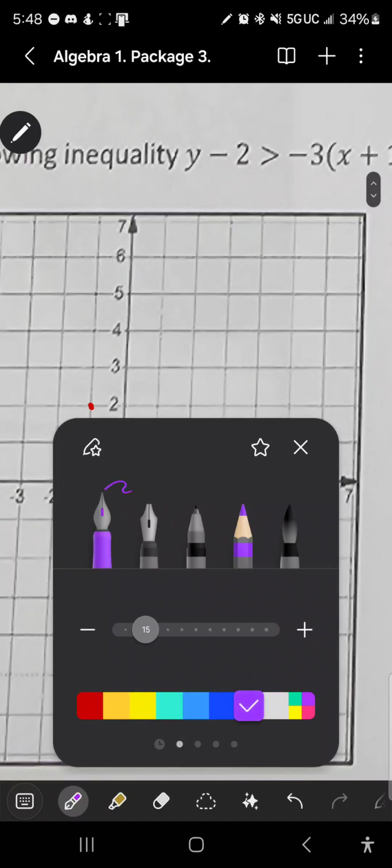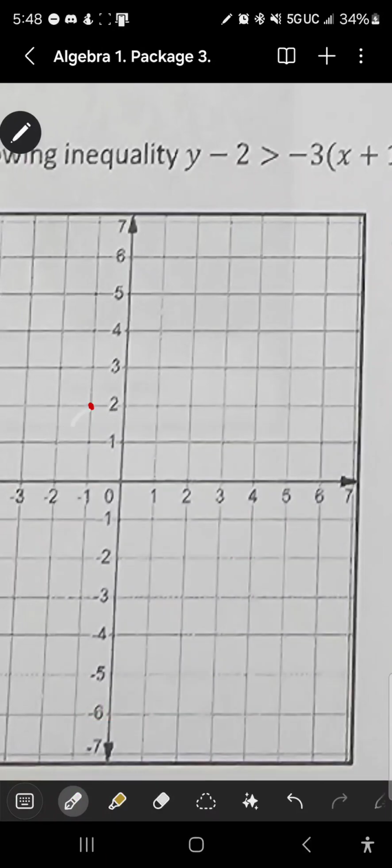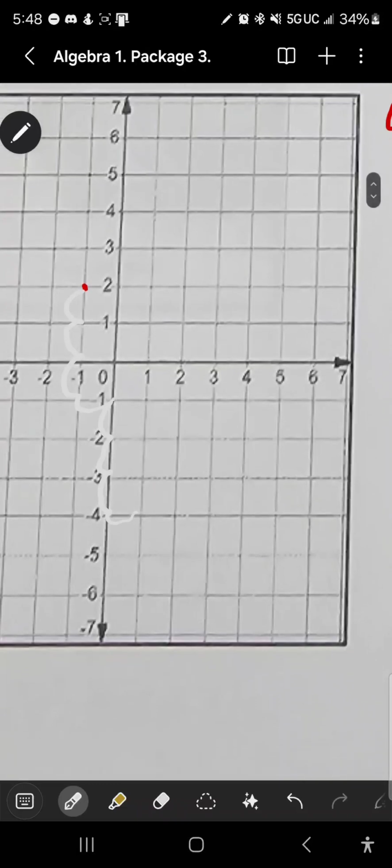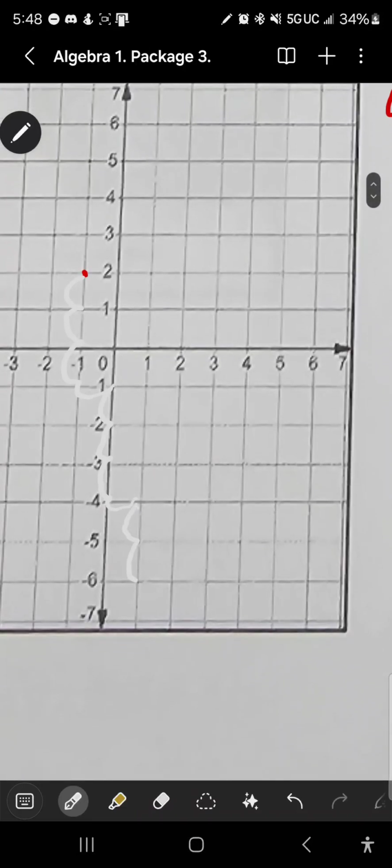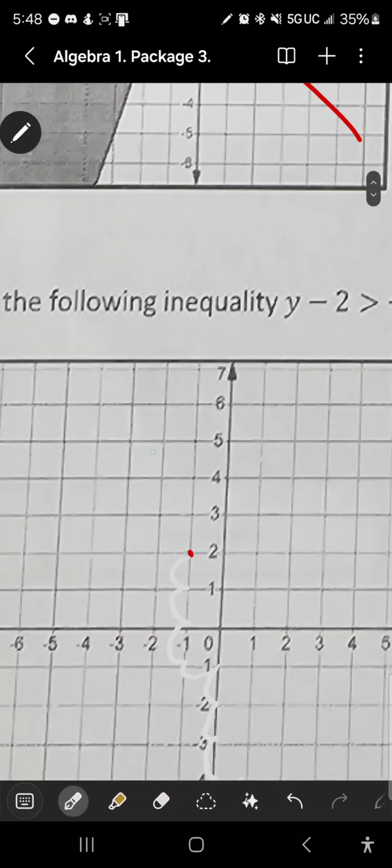So rise of 1, 2, 3, run. Then 1, 2, 3, run. And again, 1, 2, 3, run.